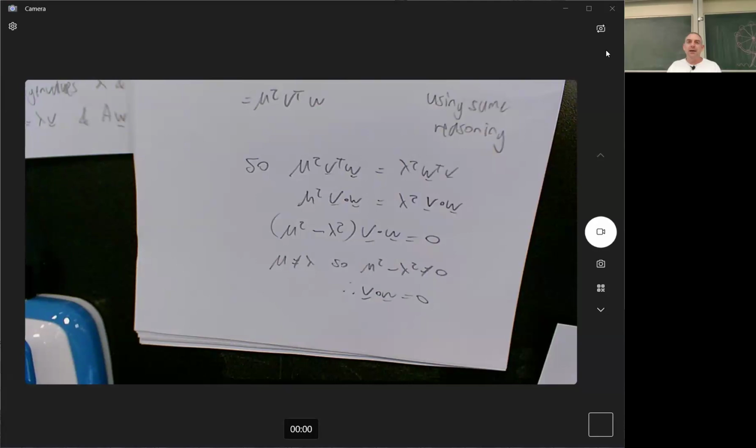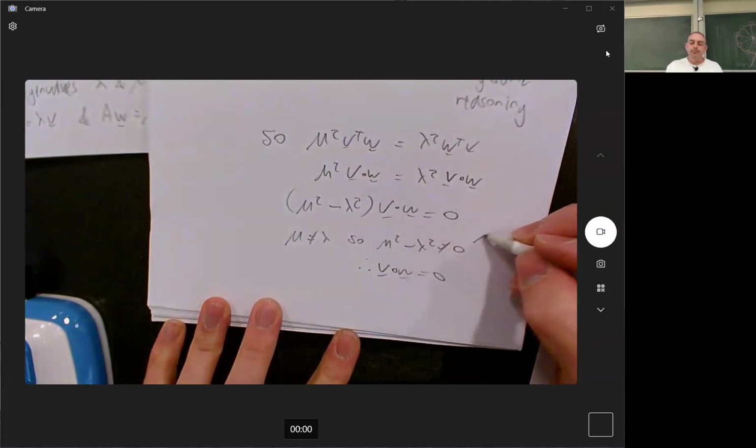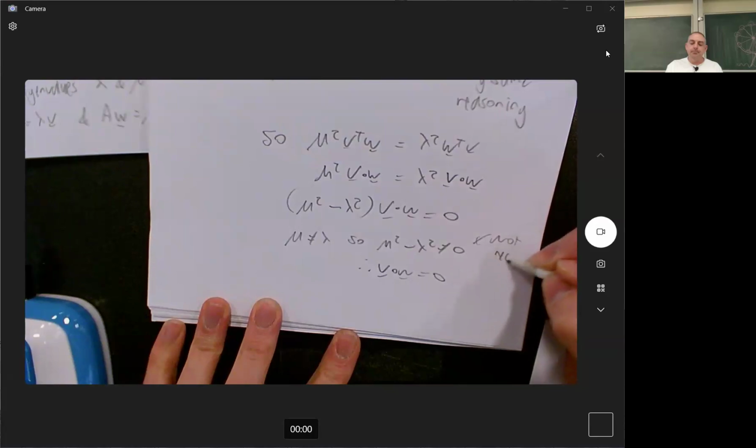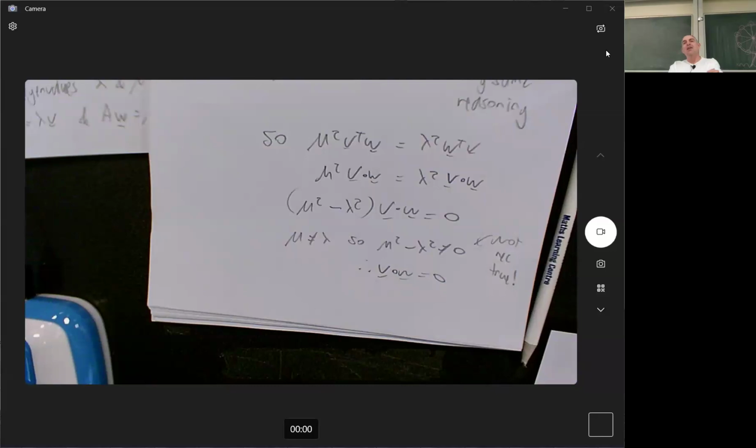So what if mu was minus lambda? That would be a problem, wouldn't it? Well, that sucks.